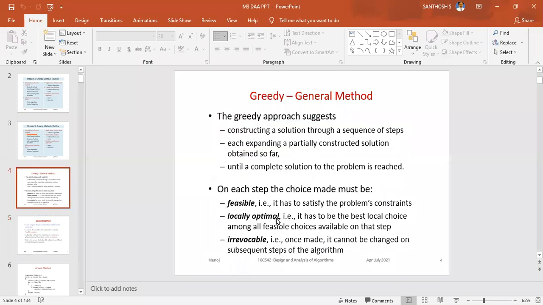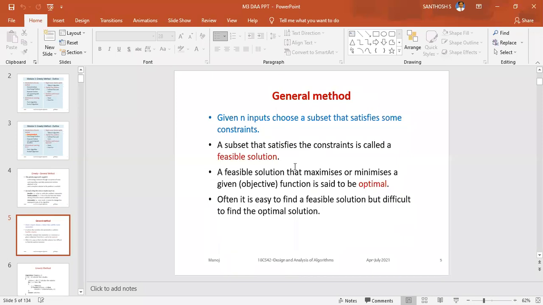Now come to the word optimal. Optimal means the solution that maximizes or minimizes the given function. A feasible solution that maximizes or minimizes the given objective is said to be optimal.